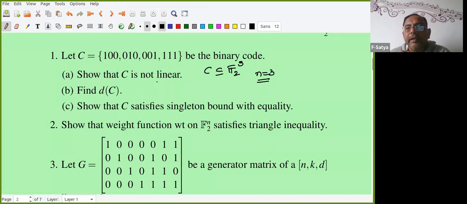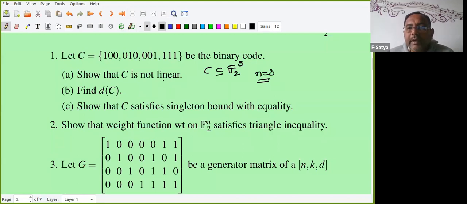And why is it not linear? Sonali, why is it not linear? Linear means what? Suresh?